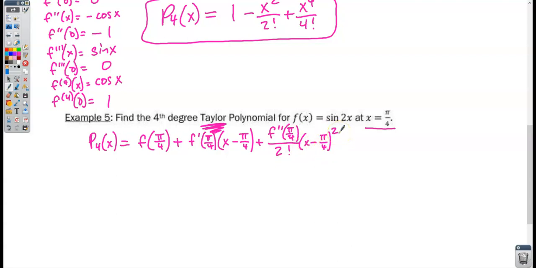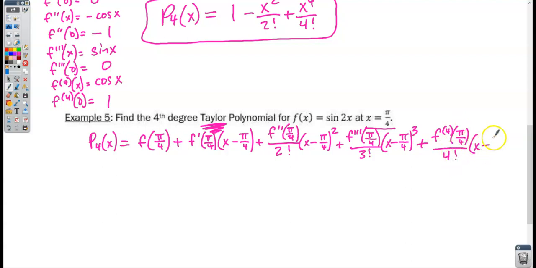So that's how we deal with it when we're working at a different center other than 0. We're going to find the value of the function and all its derivatives at that value. And we're also going to have to make the adjustment where we're taking the quantity x minus a, or x minus c, and raising it to that power instead of just having x raised to that power.